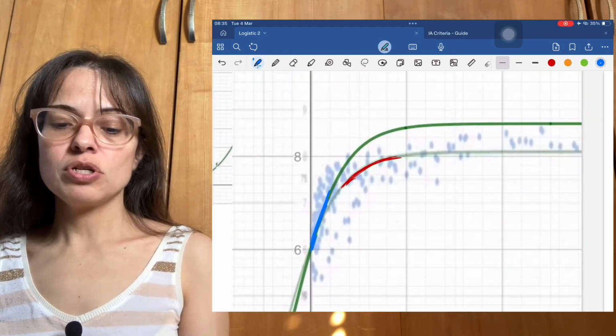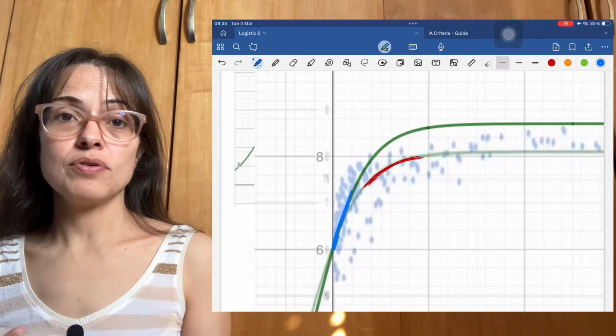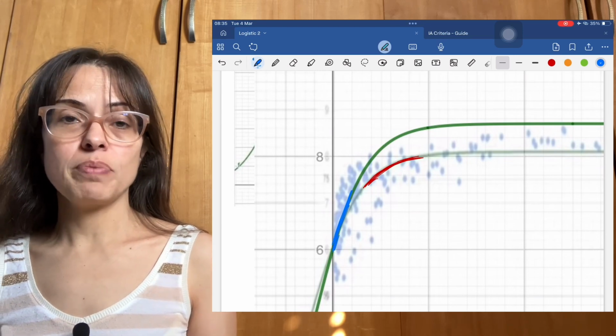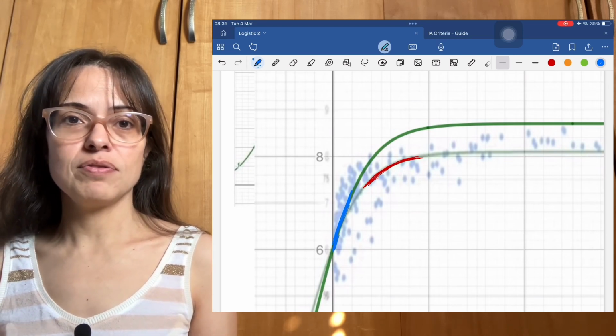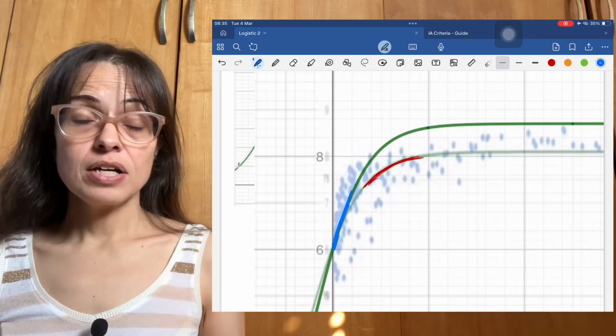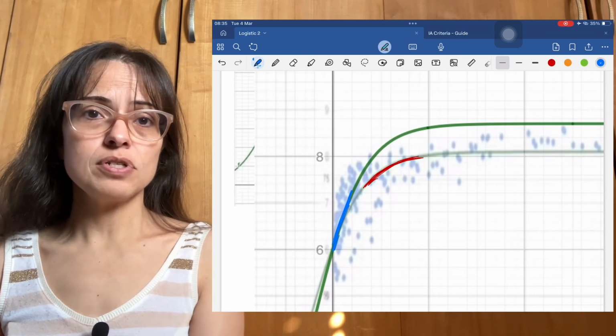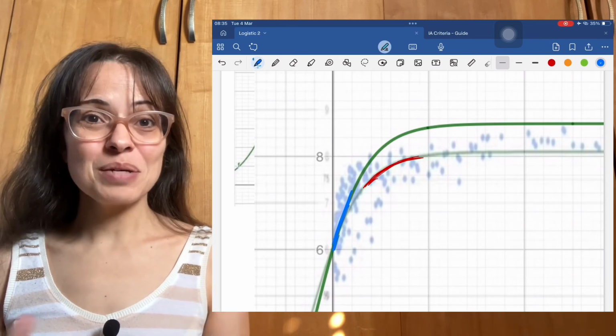But I was also mentioning how important it would be to compare the two results. And I said that one of the ways that you should compare them is by calculating the coefficient of determination. A lot of technology that you use for regression already gives you the coefficient of determination. Not all of them, but some of them do.